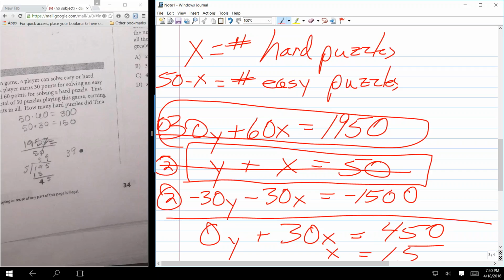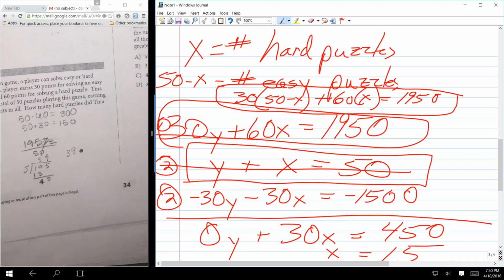Well, now that gives me a whole different equation. If 50 minus x is the number of easy puzzles, then I get 30 times (50 minus x) plus 60 times x equals 1950. Now I only have one equation to solve and only one variable, and it's the variable I'm looking for, x, the number of hard puzzles.